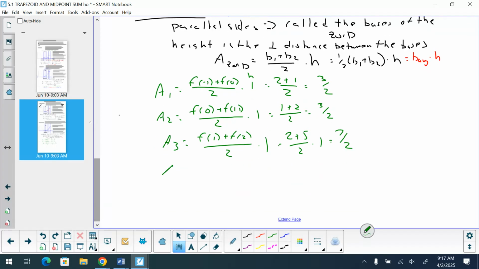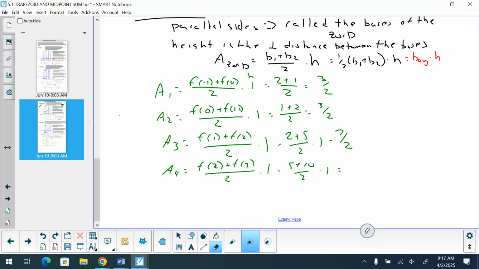And our A4 is our function value at 2 plus our function value at 3 times the value of 1. So we have 5 plus 10 divided by 2 times the value of 1. So we have 15/2. So we can add up all of our halves.